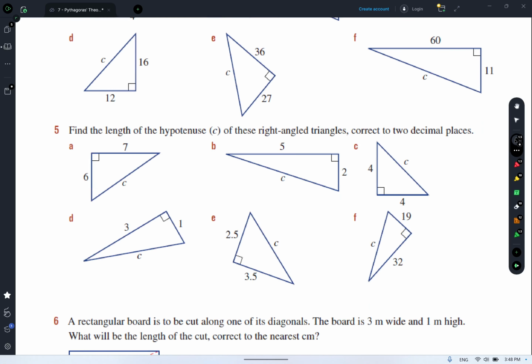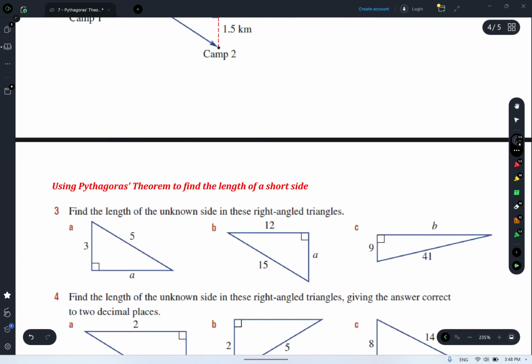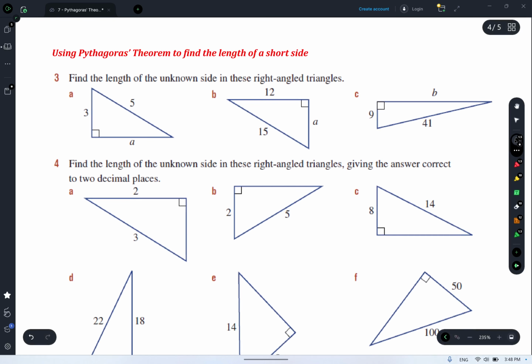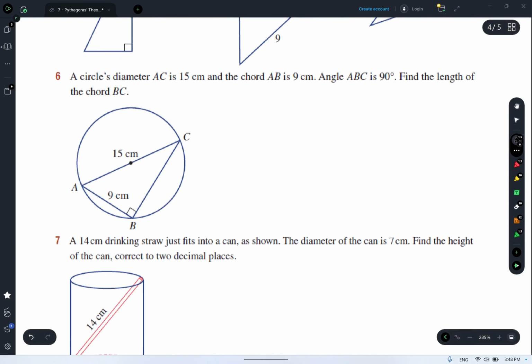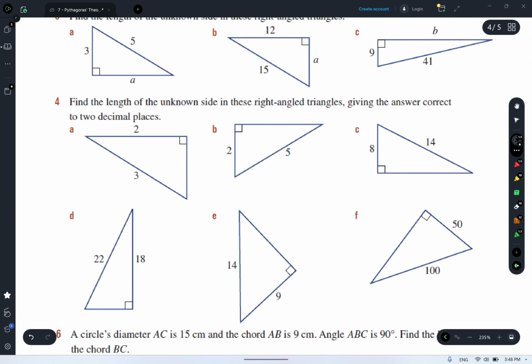Here in question 5, we'll see that we will need to answer to 2 decimal places. As you start working through that exercise, you'll see what it means. And then a few worded problems of this kind of stuff. And then using Pythagoras Theorem to find the length of a short side, where similarly, if we're looking at this, here I'm trying to find one of the short sides rather than the long side, but it works the same way. And a few worded problems. Anyway, solutions are there as well.